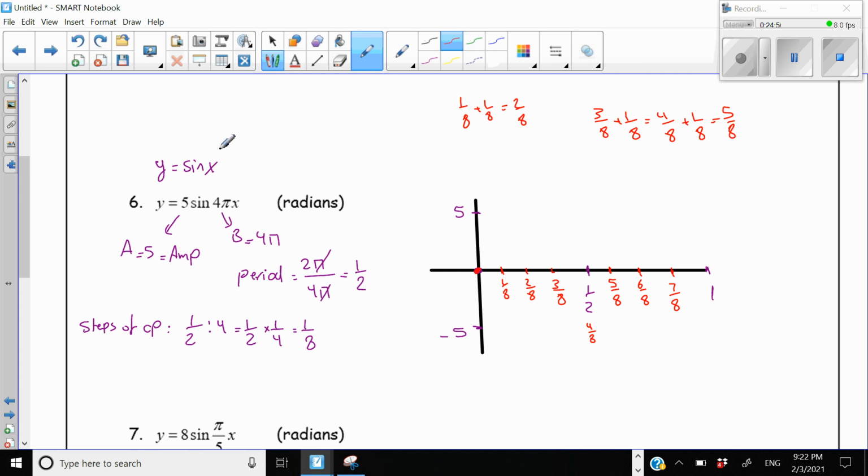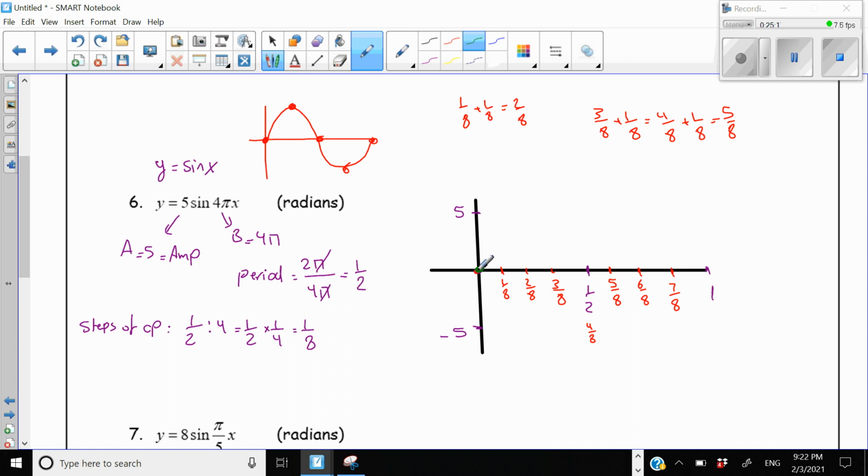Now I'm going to graph my function. Sine looks like this. This is the graph of sine. You need to remember the parent functions of sine and cosine. So sine is a midpoint, then a high point, mid, low, mid. So I'm going to do the same thing here.